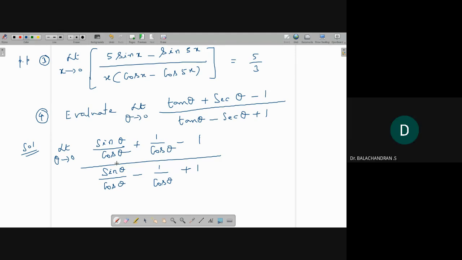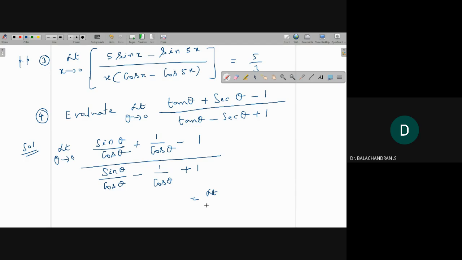Now, in the numerator, you can take cos theta as LCM. And similarly, in the denominator, you can take cos theta as LCM. And then you can cancel out cos theta and cos theta. I don't have the space here, that's why I'll write here. So this is equal to the limit as theta goes to 0.